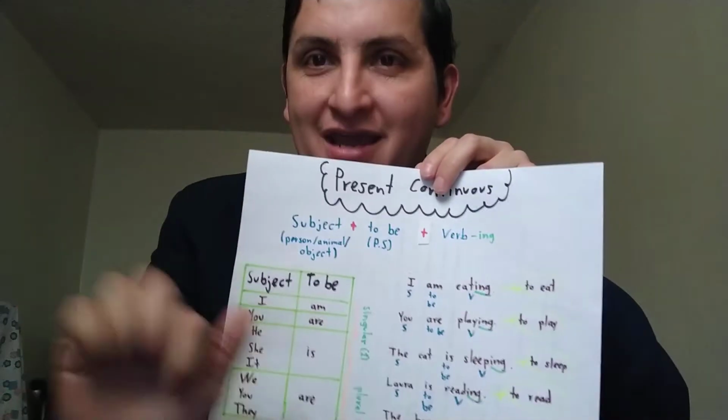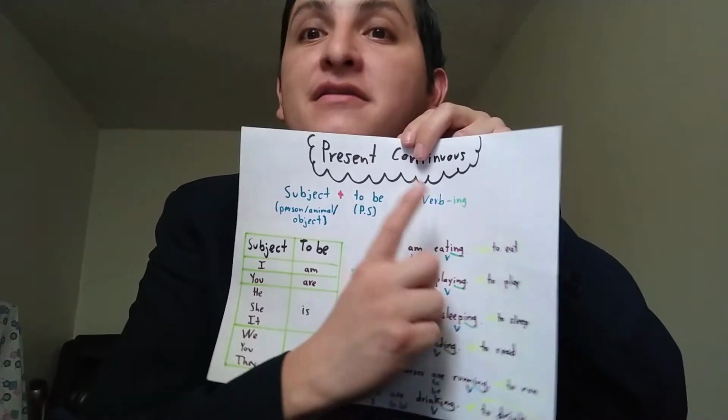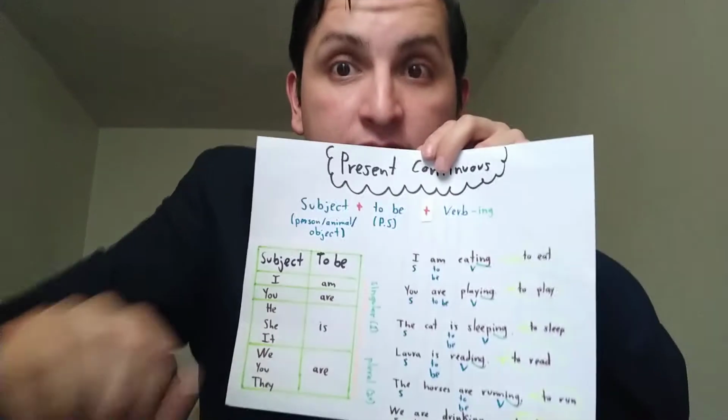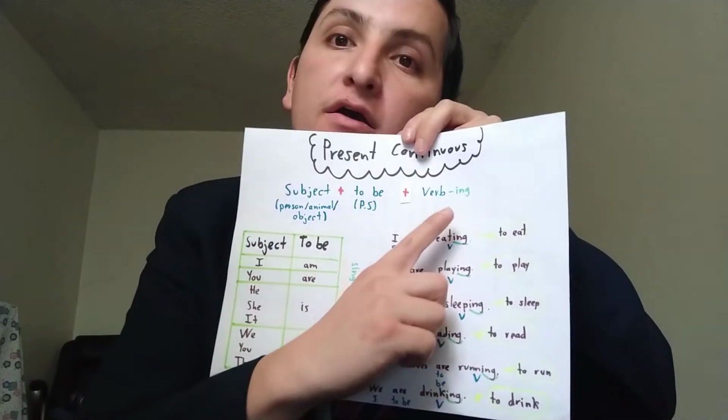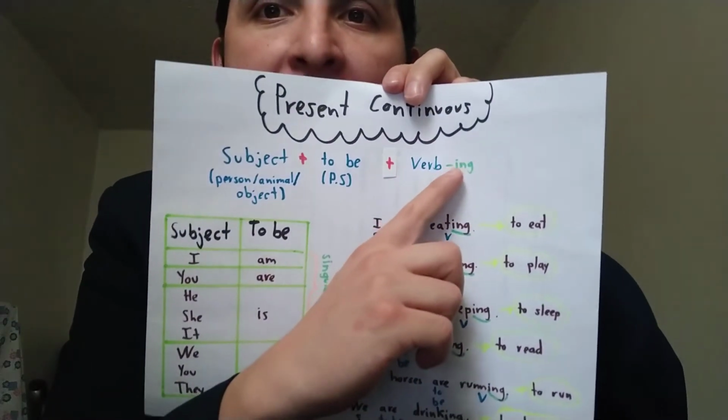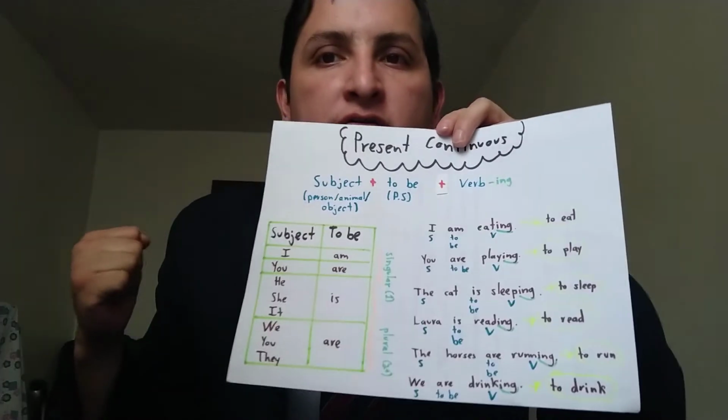Do you remember like, hello, I am teacher Ricardo, you are David, she's Laura, I am happy, you are sad. That's the verb to be in action. Do you remember that? Well, it's the same verb to be, okay? And finally, the verb, the action that we are doing in this moment. And we are going to add an ending, three little letters, ing, at the end of the verb.